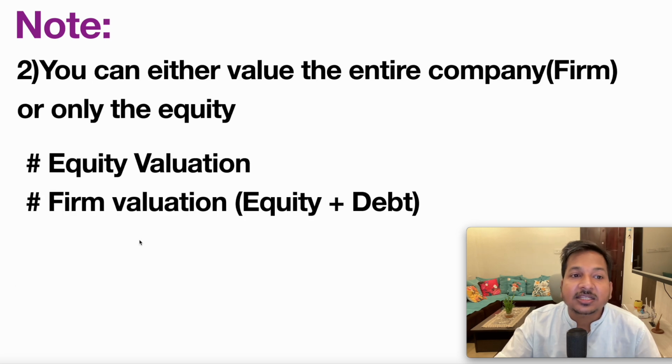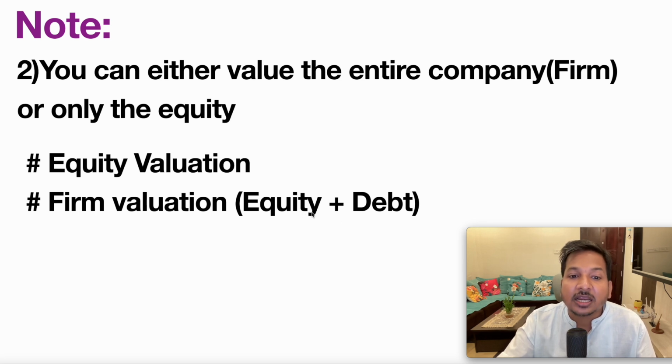The second thing is you can either value the entire company, the firm, or only the equity. There are two methods by which all companies raise funds. One is equity, one is debt. Debt is when they go to banks or NBFCs and take money from there. And equity is their own money, whether private or public money, but equity is own money.